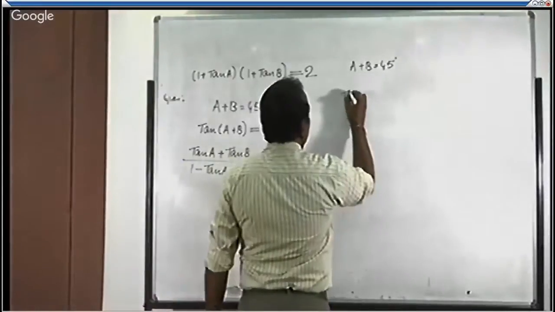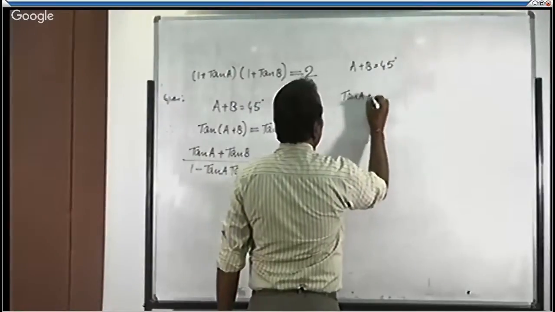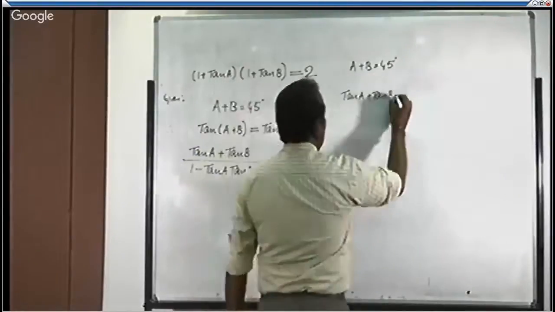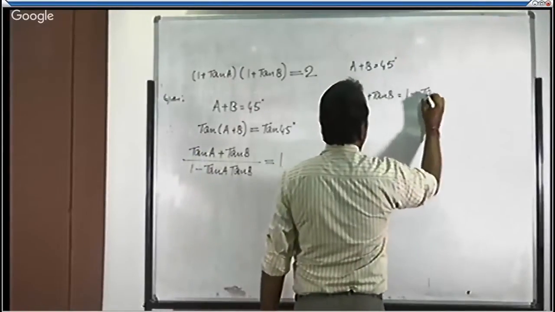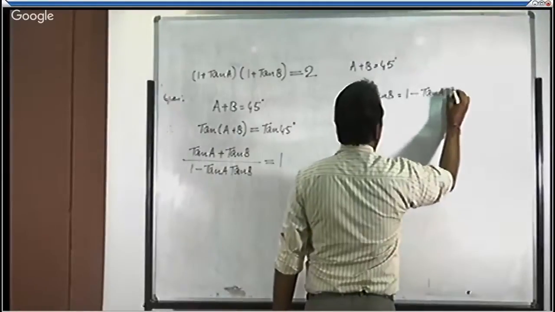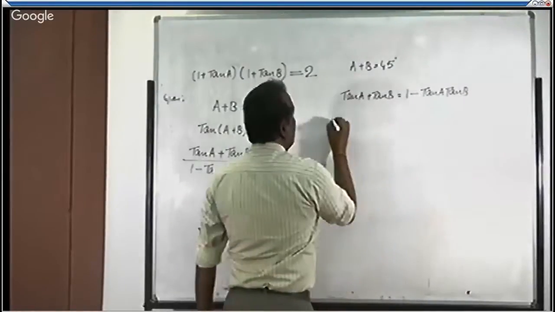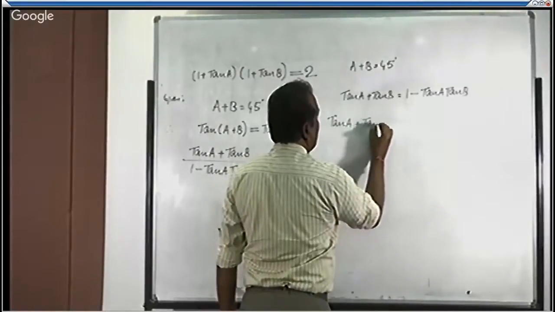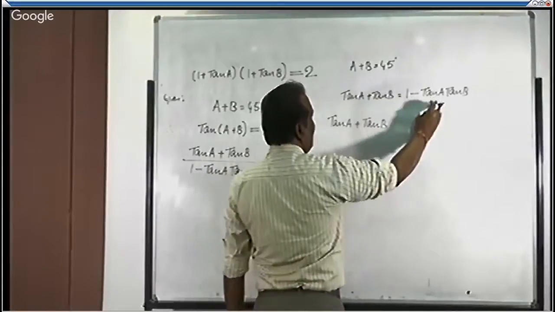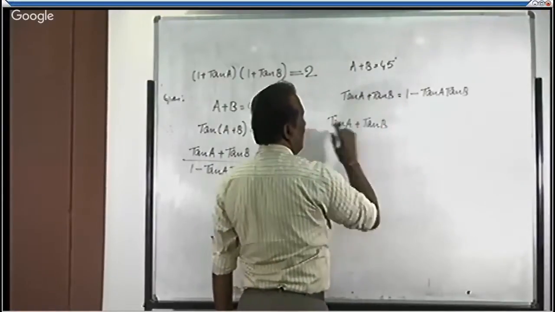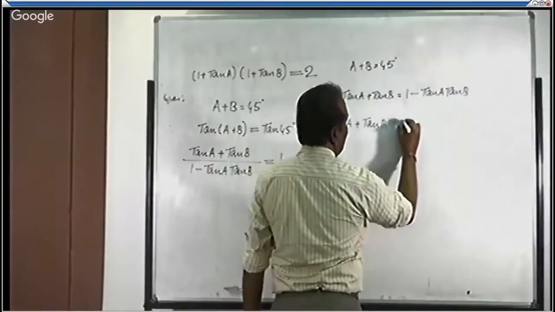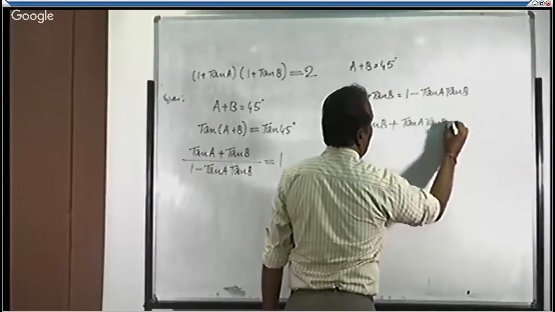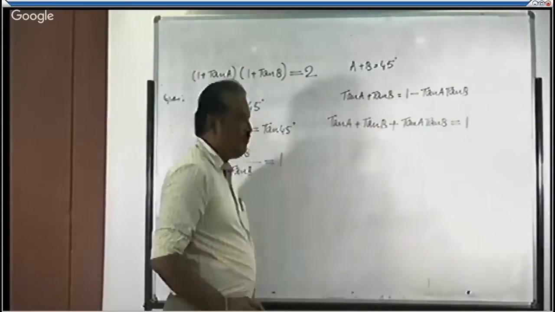You will get tan A plus tan B is equal to 1 minus tan A tan B, right? Now you just write the tan A plus tan B as it is. This minus tan A tan B, if you transfer to the left hand side, it will become plus tan A into tan B. What will be the remaining thing on the right hand side? It is 1 only, right?